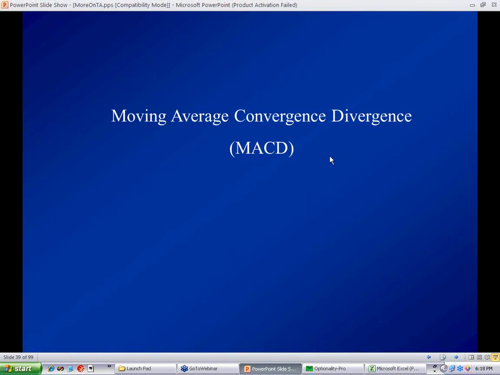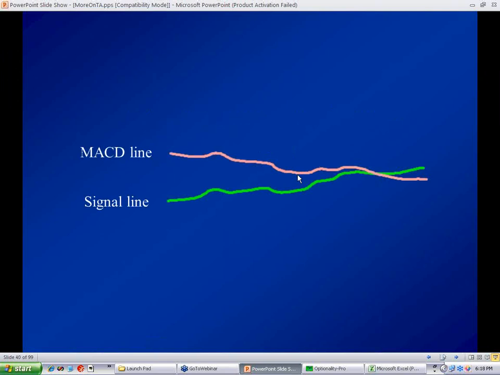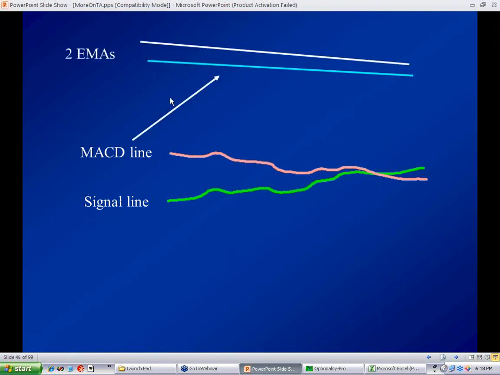MACD is a very powerful indicator, but what it looks like on the chart is what I call a MACD line, which is usually red, and then the signal line, which is usually green. What does that mean? Well, the MACD line is 2 different exponential moving averages combined, and the signal line is the exponential moving average of the MACD line.